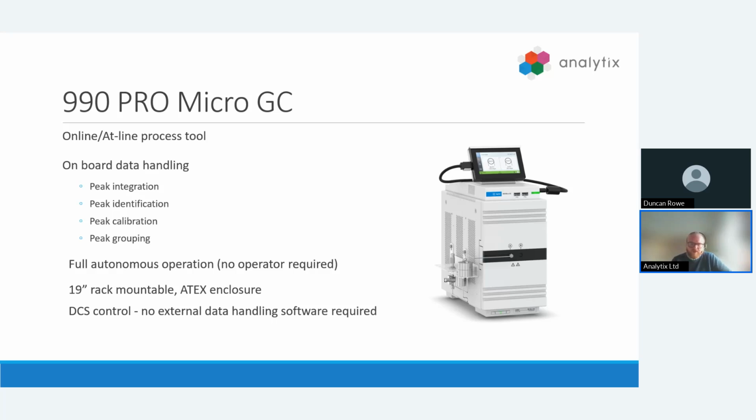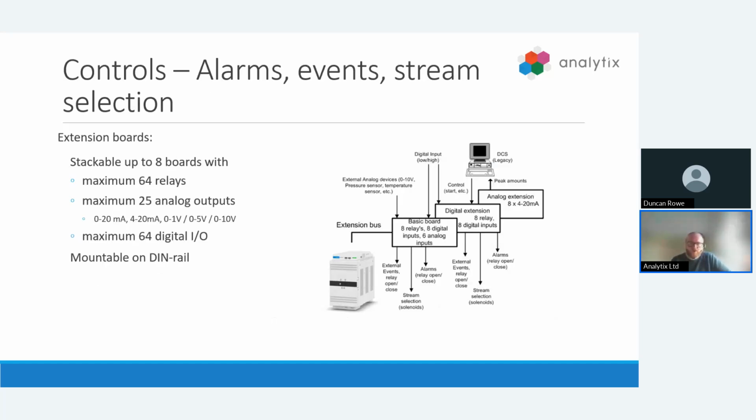Also, a nice feature of this is no local operator is needed, as the 990 Pro monitors your processes 24/7 and communicates the analysis results directly to your process control, ensuring optimal conditions or follow-up actions as required. So just on that in a bit more detail, the onboard intelligence ensures complete operation from the GC control, data collection, data integration, and results transferred through industrial communication protocols such as 4-20 mA, Modbus, or FTP service, just to name a few.